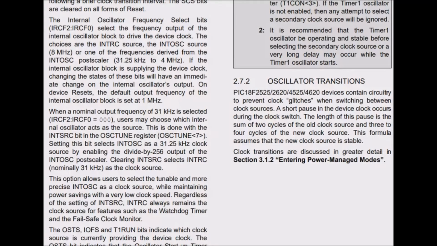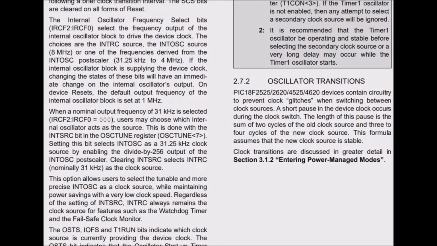Changing the states of these bits will have an immediate change on the internal oscillator's output. On device resets, the default output frequency of the internal oscillator block is set at 1 MHz.